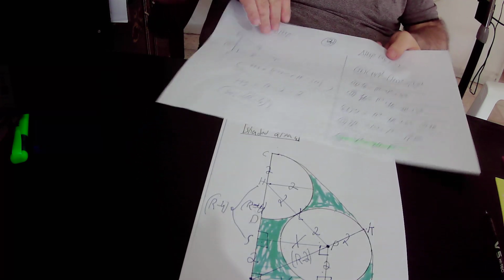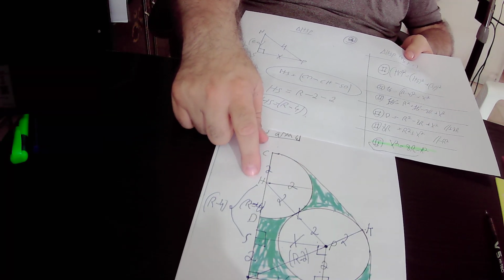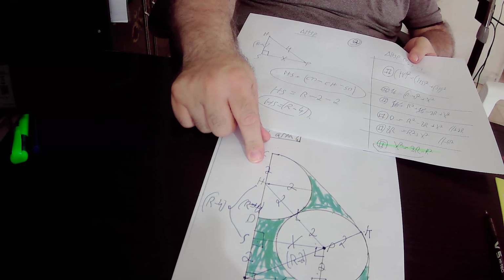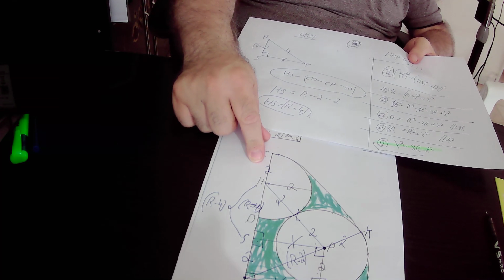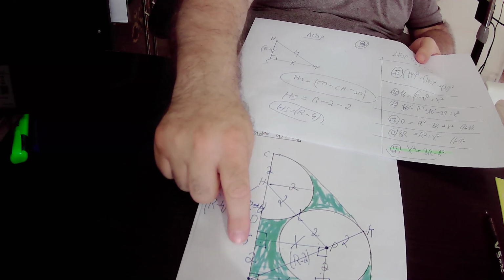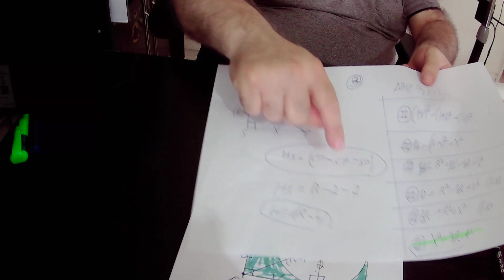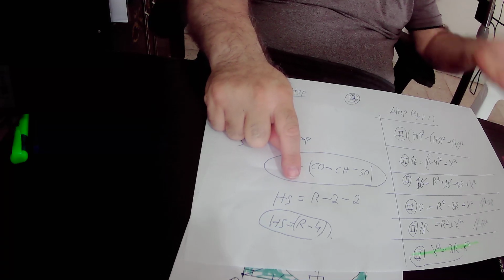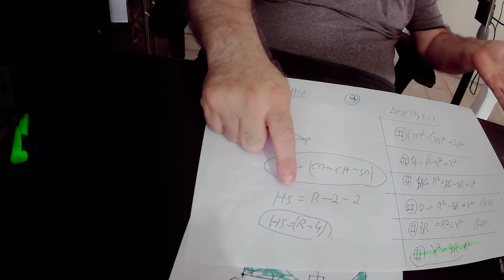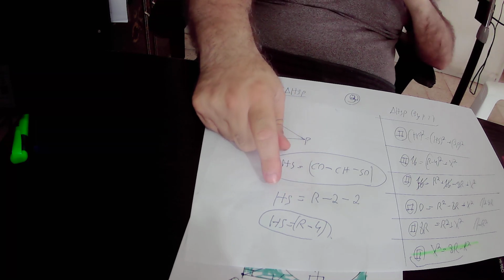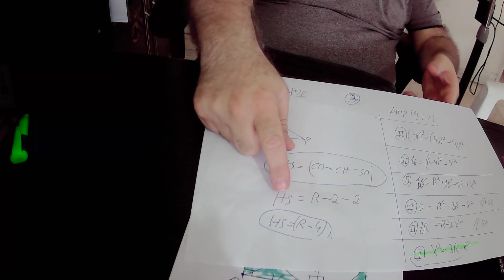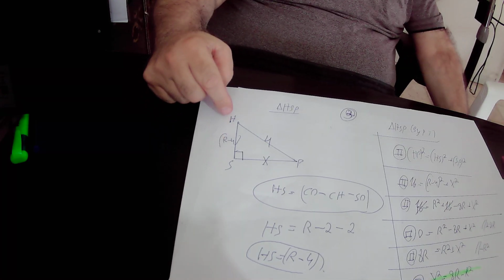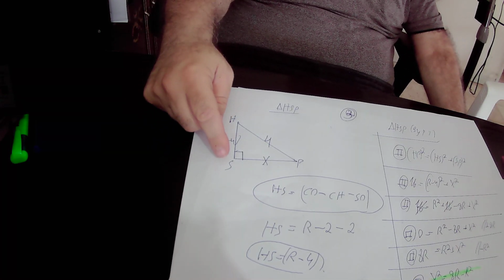CH here equals 2 because it's the radius of the semicircle, so it equals 2 units, minus OS, this is also equal to 2. So in conclusion, we found out that HS equals capital R minus 2 minus 2, which equals capital R minus 4. So we can write here that HS equals R minus 4.